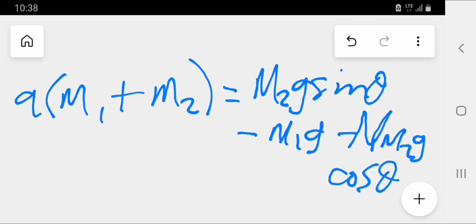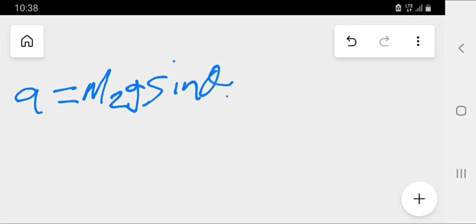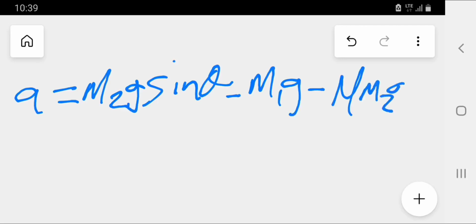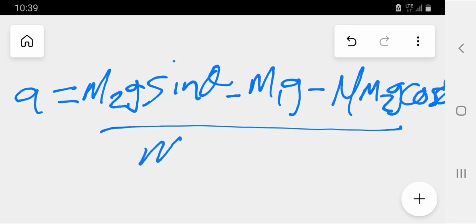So at the end of the day, our acceleration is going to be: acceleration being equal to m2g sine theta minus m1g minus mu m2g cos theta, over m1 plus m2.